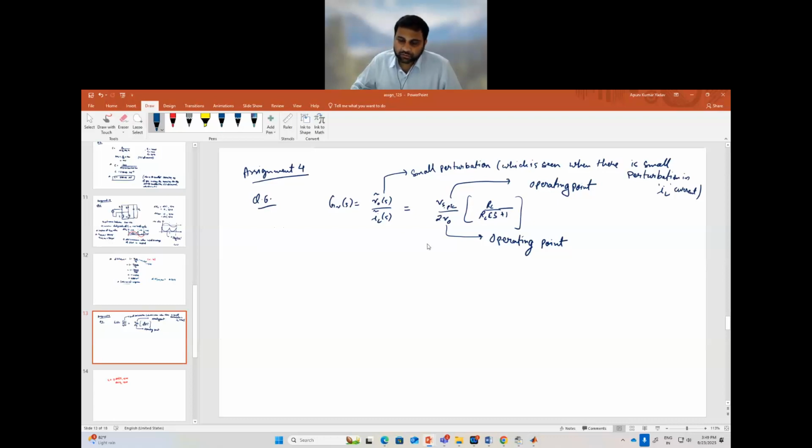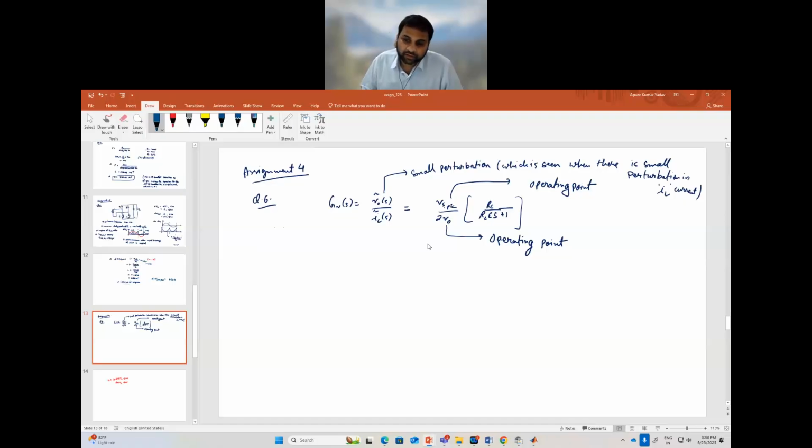Now one question was also asked in the mail: why, while deriving the GI of s, we have done the average large signal model, then we have represented it in the state space representation, average state space representation.